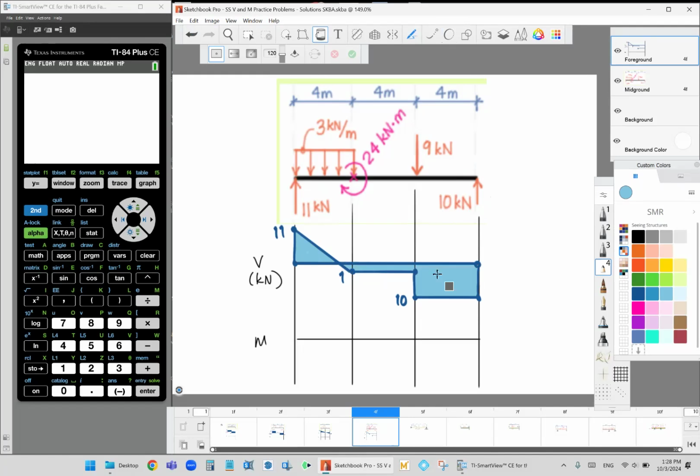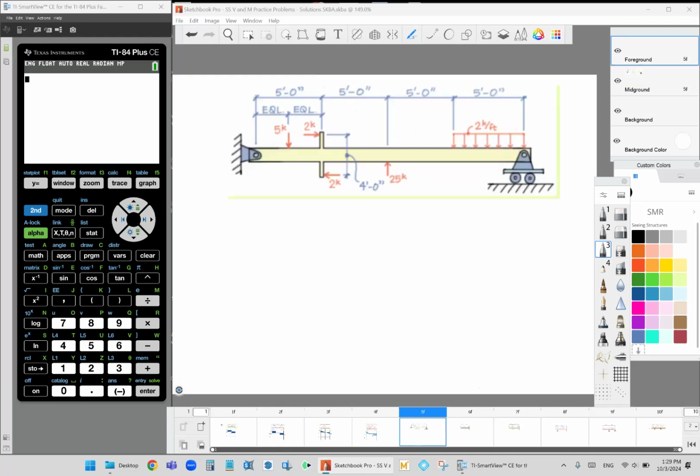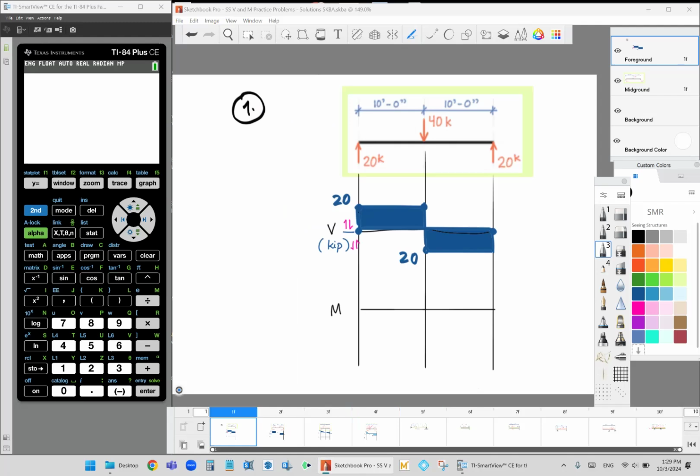That is because we are executing an equation of equilibrium piecemeal. All right, let's come back to this one in a minute. This one has some supports there. So let's go back to this first example and let's start to work on our moment diagrams.